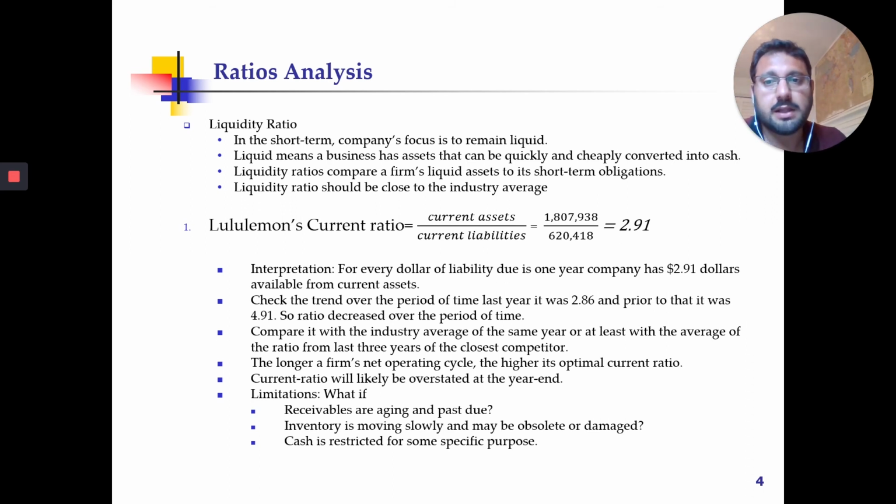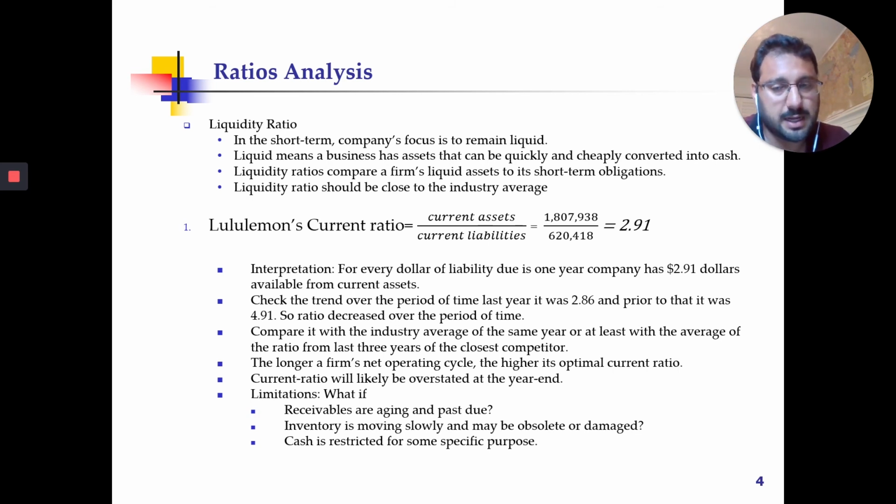First of all, just for illustration purposes, I'm considering the company Lululemon, which is in the business of designing, distributing and marketing athletic apparel. I'm using data from the balance sheet and financial statements issued on the 2nd February 2020, from fiscal year 2019.